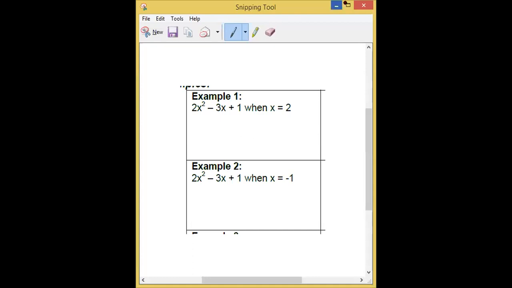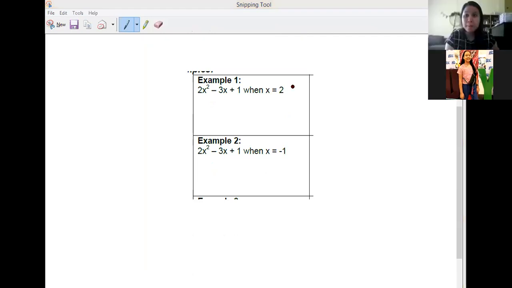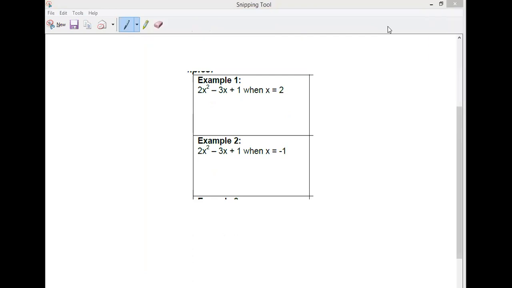Now, let's try answering this one. 2x squared minus 3x plus 1. And we need to check the value of the expression when x is equal to 2.